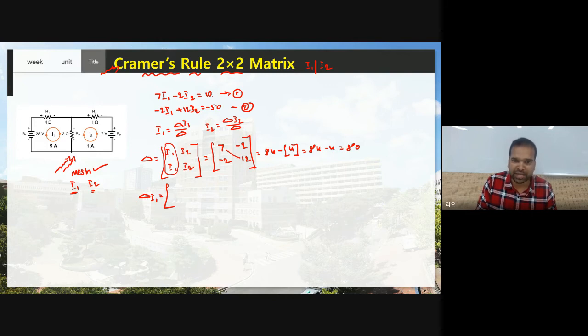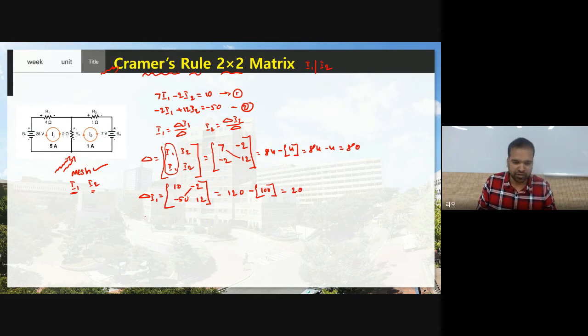In this place I need to keep the constant values, 10 and minus 50, and the remaining I2 terms are the same: minus 2 and 12. I hope you understood how to write delta I1. Now you need to find the determinant of delta I1. Therefore 10 into 12, this is 120. And as I said, when you are multiplying from down to up, you need to keep a minus here. Therefore minus 50 into minus 2 will become 100.